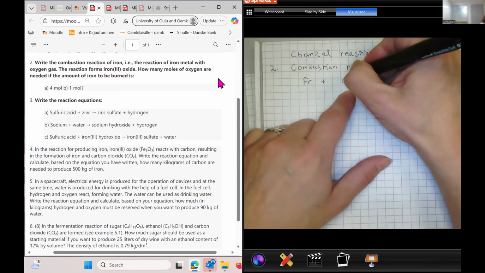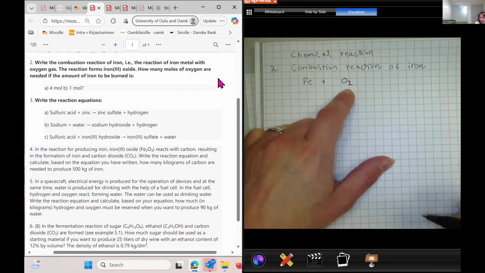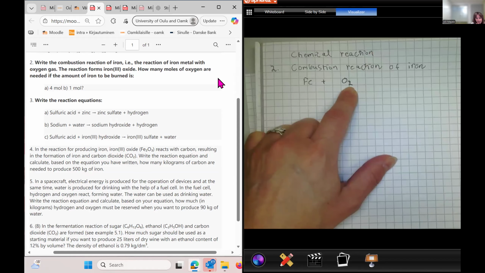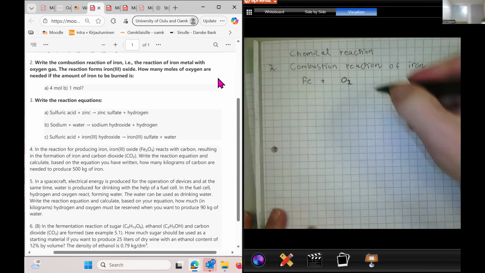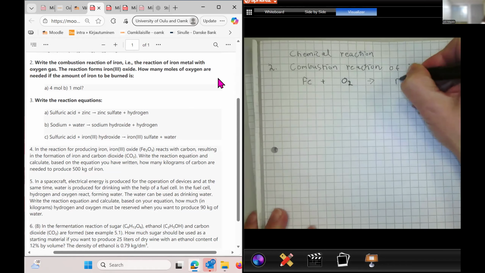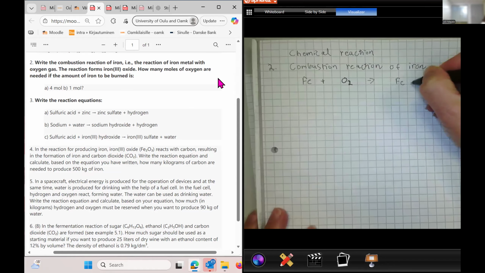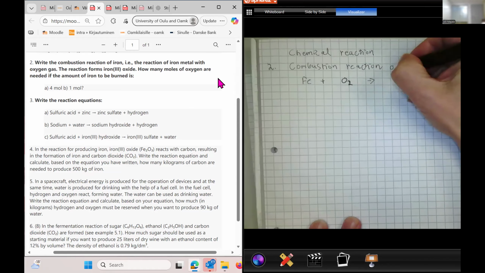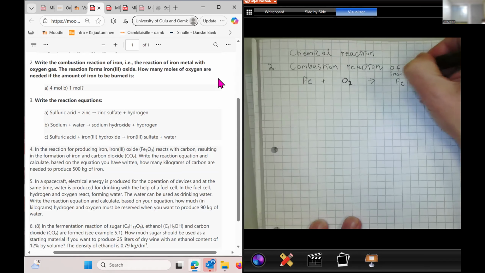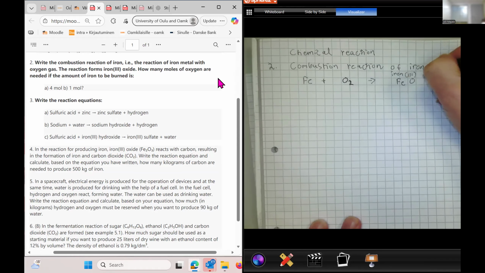There are two oxygen atoms bound together with a covalent bond. And we get iron oxide, iron 3 oxide, sorry. This is iron 3 oxide.